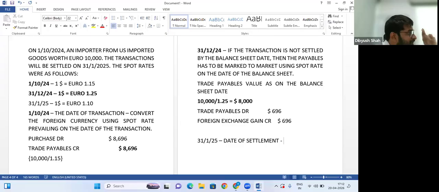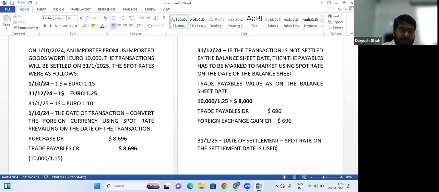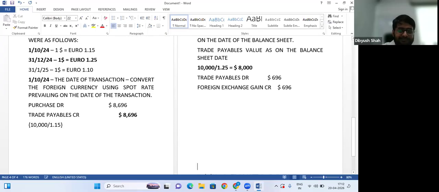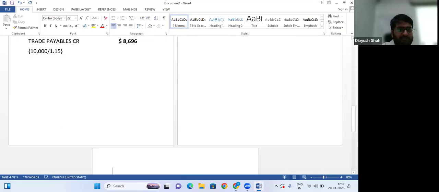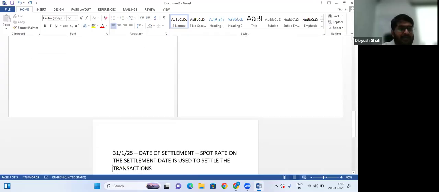So the spot rate is the rate used to settle the transaction. In this case, the last known carrying value of the accounts payable was 8,000.